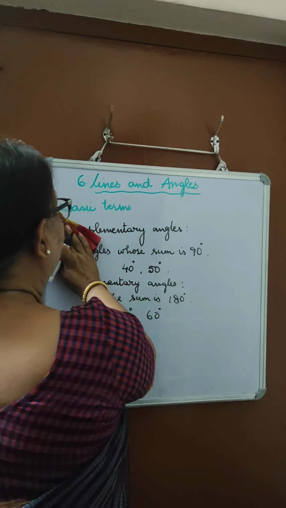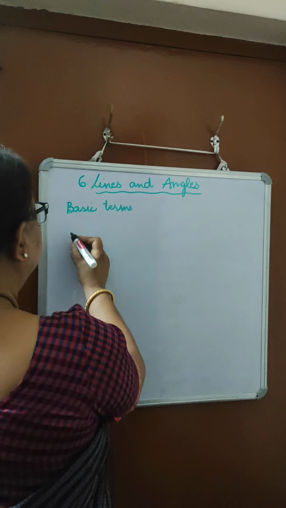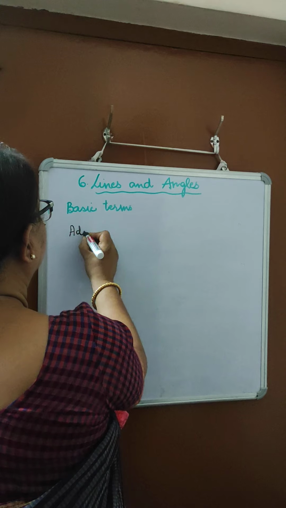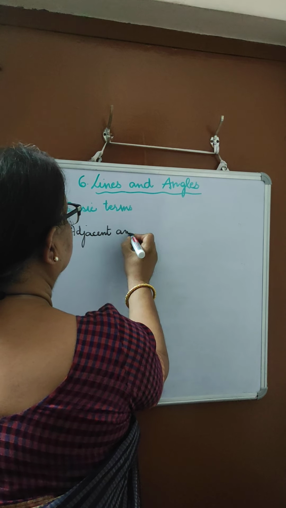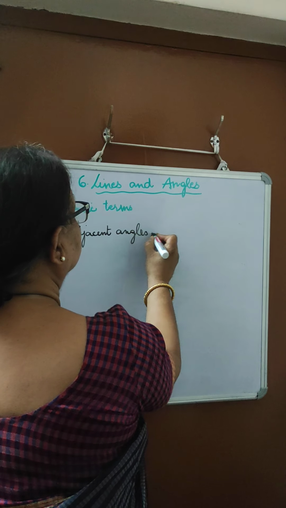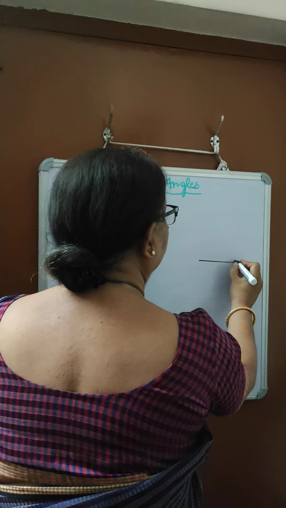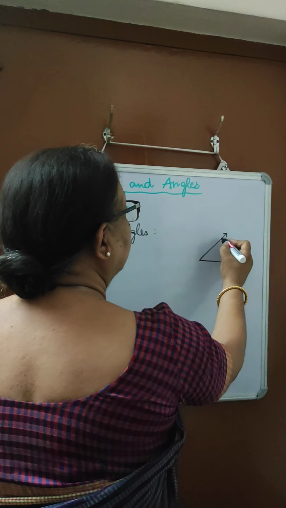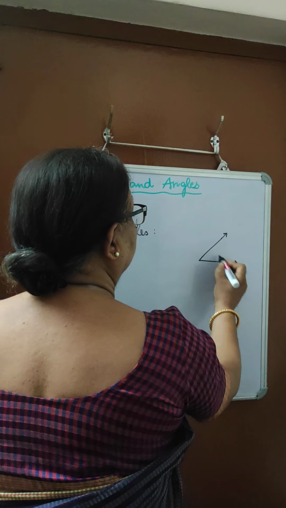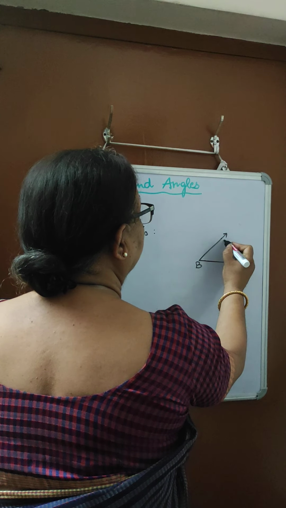Now, another one is adjacent angles. What are adjacent angles? Suppose I have an angle, this is one angle, say ABC.